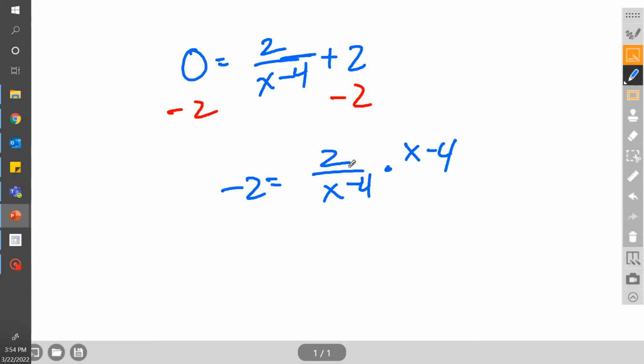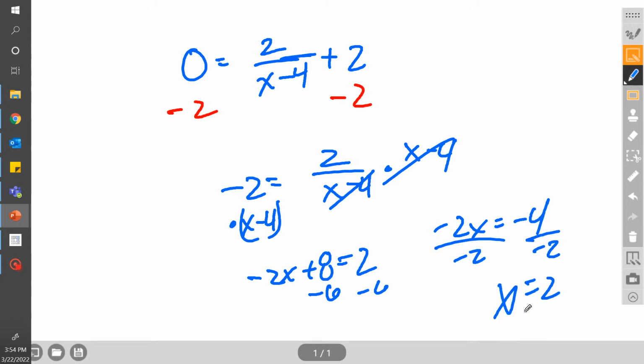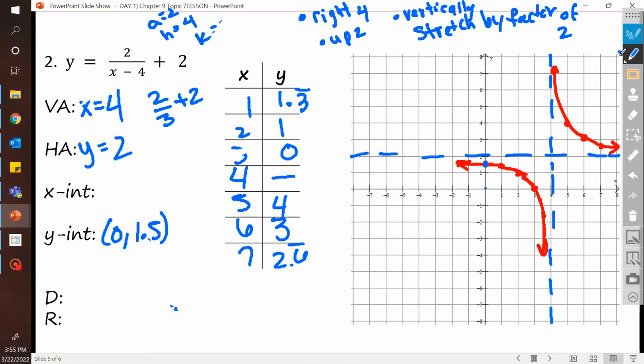Multiply by x minus 4 to get that x minus 4 out of the denominator. So you get negative 2x plus 8 equals 2. Subtract 6. Negative 2x is equal to negative 4. Divide by negative 2. So x should be 2 when y is 0.